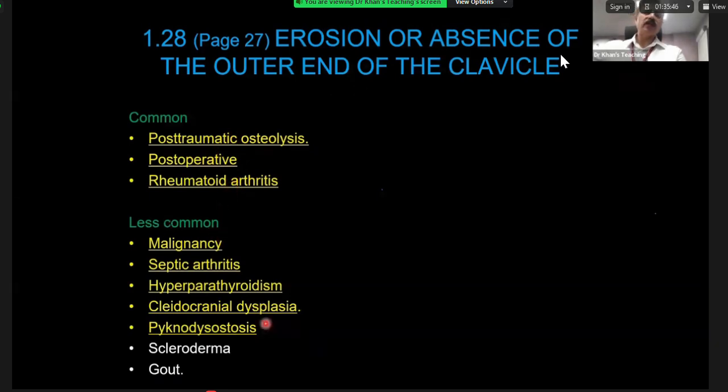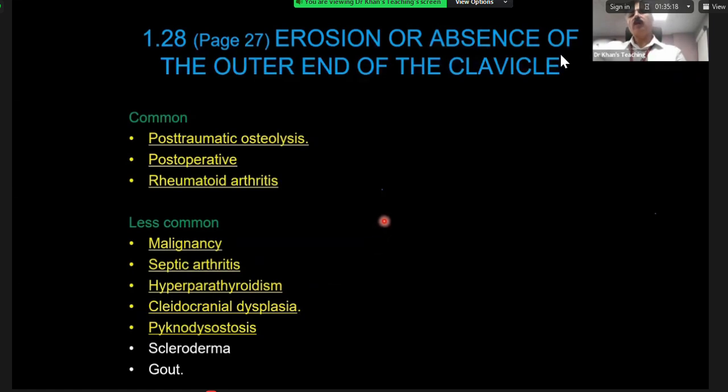But among the less common, you can see cleidocranial dysplasia, and second is pycnodysostosis. Please remember, these two are asked in the exam because both of them are congenital. Hyperparathyroidism, rheumatoid, all of these things are very important. But in this world, these two are critical: cleidocranial dysplasia and pycnodysostosis.